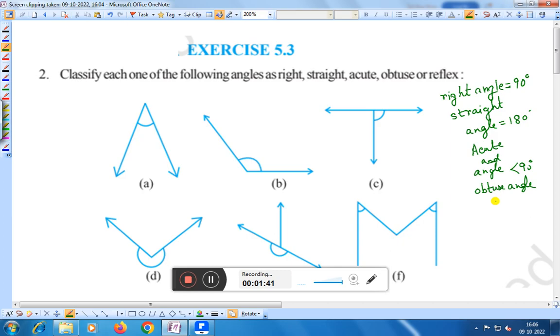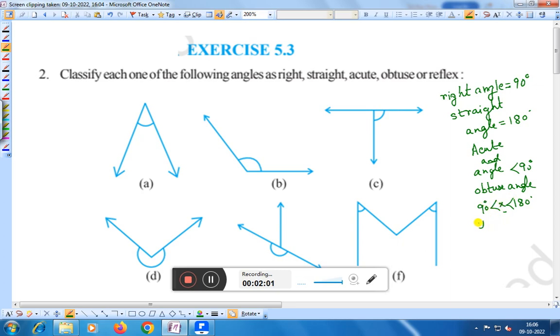Obtuse angle is greater than 90 but less than 180 degree. Suppose x is an obtuse angle, then it is greater than 90 degree but less than 180 degree, that is obtuse angle.